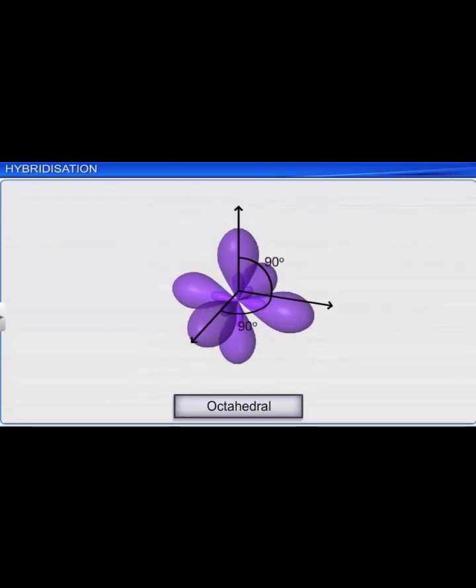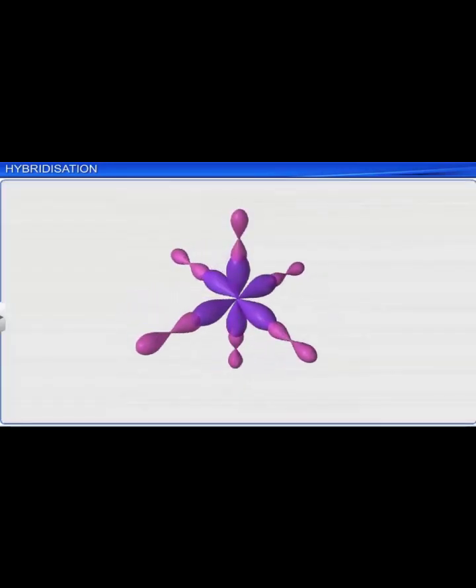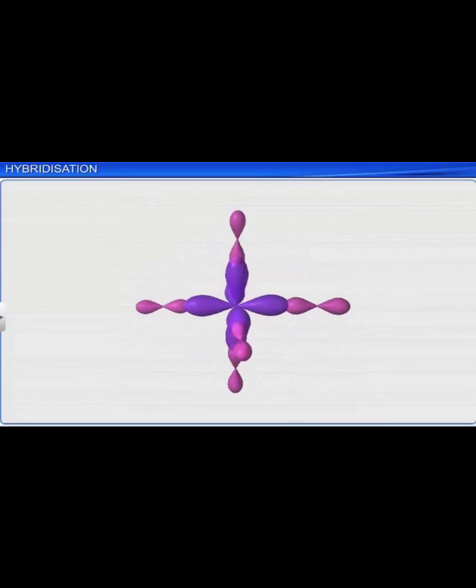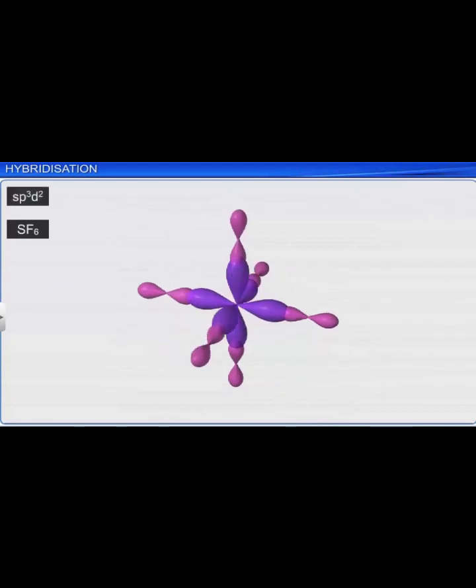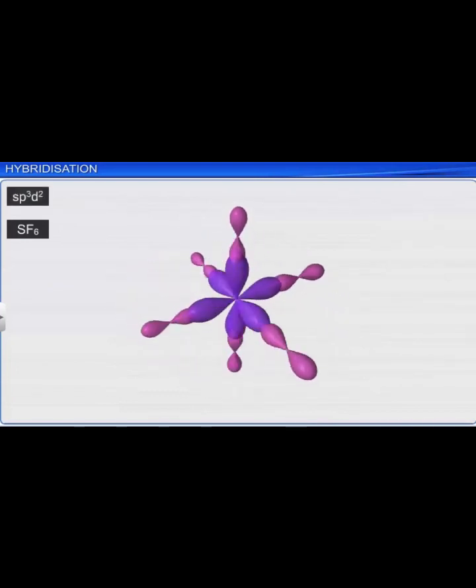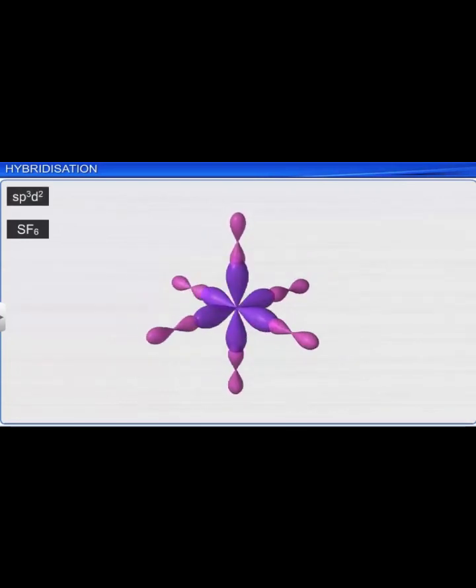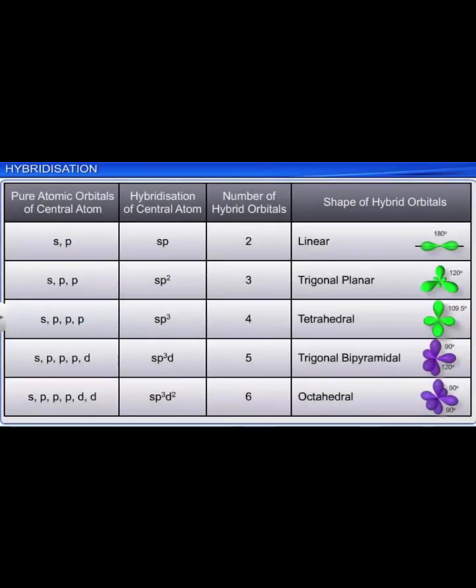The central atom, sulfur, in the compound SF6 displays sp3d2 hybridization. Thus, we can observe that the phenomenon of hybridization explains the characteristic geometrical shapes of polyatomic molecules.